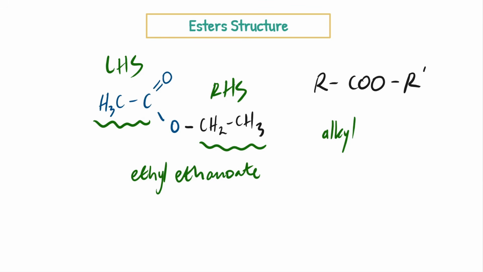Okay, so the next thing you have to be aware of is intermolecular forces, okay? And this is going to determine the boiling point. So something you need to be aware of is that esters have weaker intermolecular forces, or lower boiling points, than carboxylic acids and alcohols, okay? Why is that? So this carbonyl group right here has a dipole, okay?